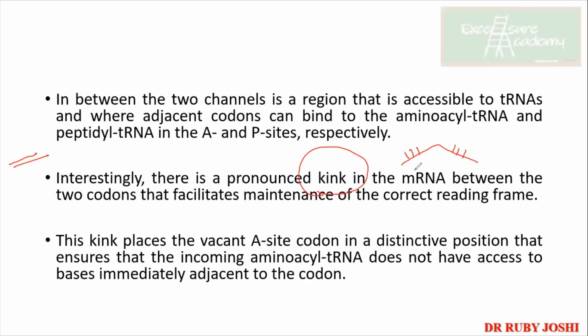Yes. Okay. So this kink replaces any vacant A site codon in a distinctive position that ensures that incoming aminoacyl-tRNA does not have access to the bases immediately adjacent to the codon. So it is making sure, ठीक है, कि इसके साथ कहीं गलत कोडिंग ना गलत पेयरिंग ना हो.